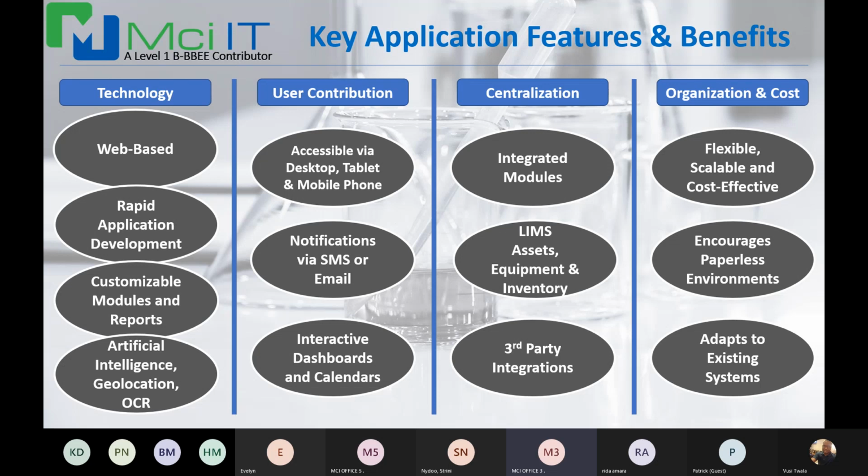Some key application features and benefits. We subdivide them into different themes: technology, user contribution, centralization, and then organization and cost. In terms of technology, the application is web-based, and it is built on a platform that allows for rapid application development. I won't go into too much detail, but at the end of the day, you're comparing rapid application development techniques to traditional techniques.